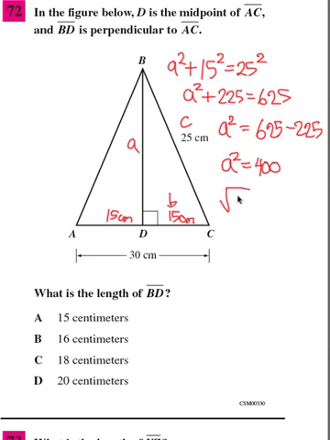The square root of a squared equals the square root of 400. A equals 20. So the length of BD is 20 centimeters. The answer is D.